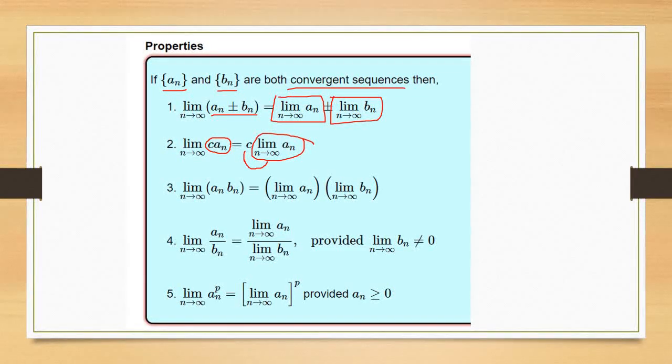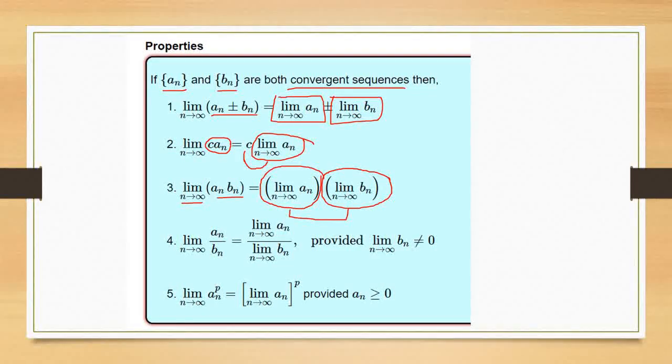For number 3, the limit of the product of a sub n and b sub n as n approaches positive infinity is just the same as getting first the limit of each of the convergent sequences and then afterwards multiplying their two limits.